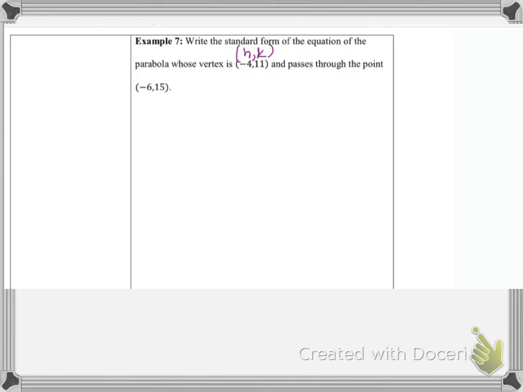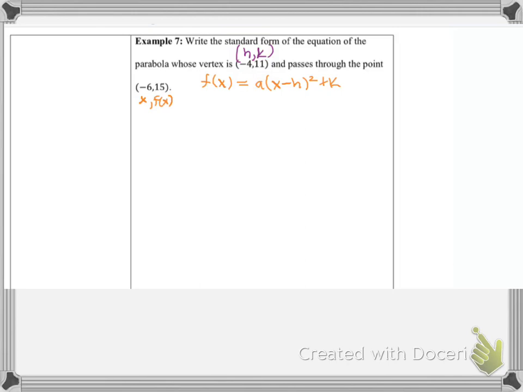We know the standard form is a function f of x equals a times (x minus h) squared plus k, and the point gives us our x and f of x. We can fill in the information we have so far.